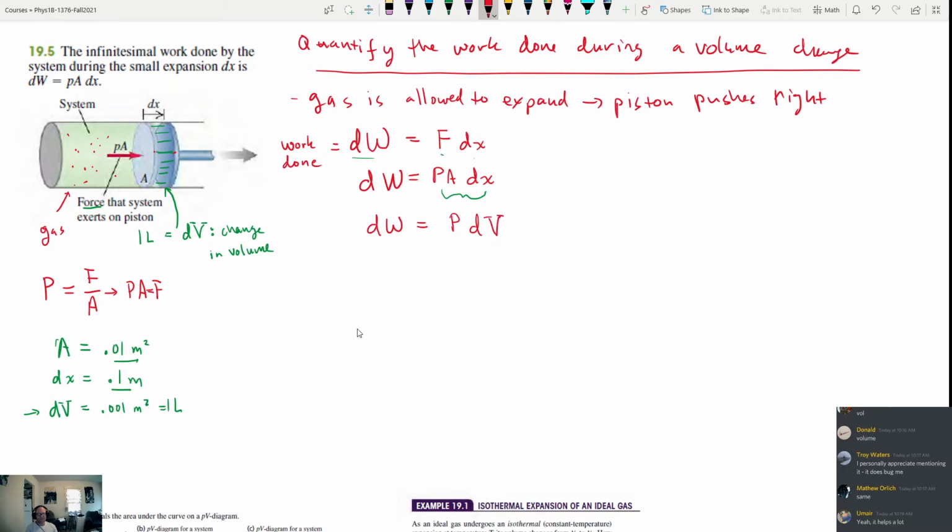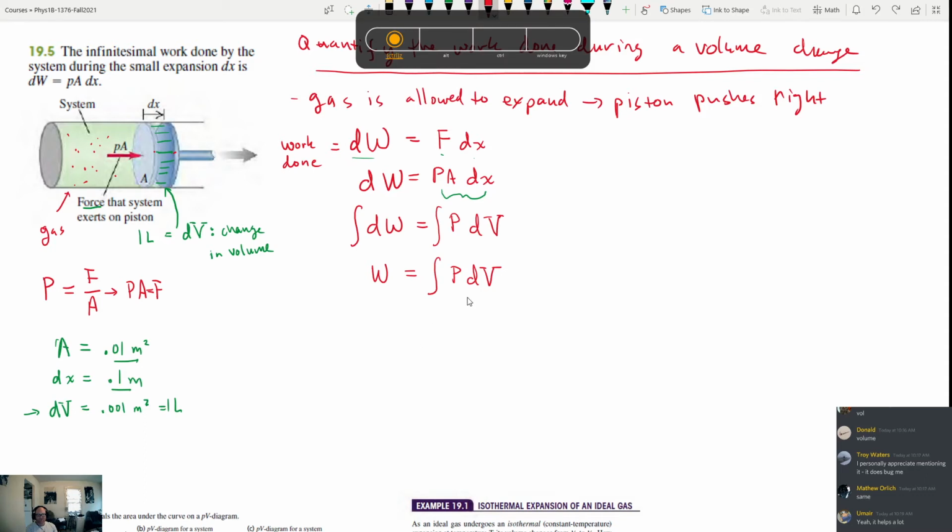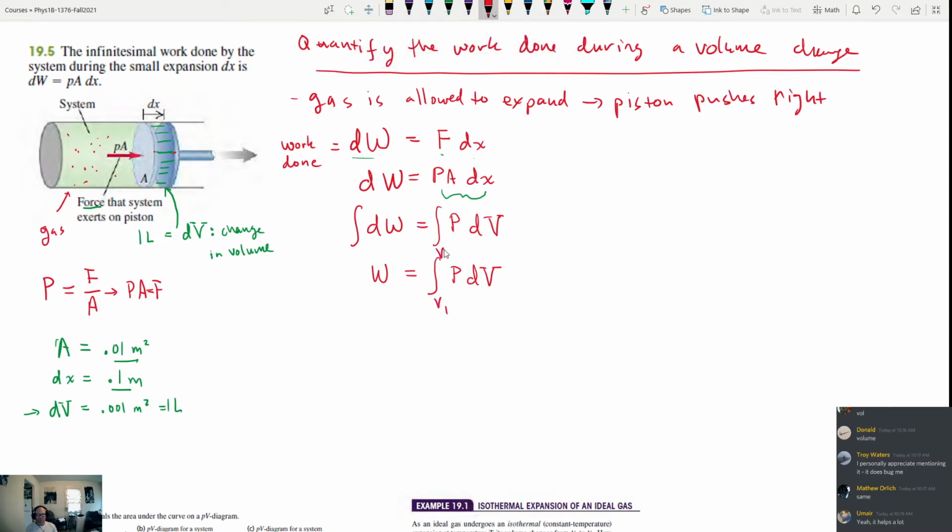And then, of course, the next step is to just integrate both sides. So we replaced A dx with dV, and now the left-hand side is just going to become the work done by the gas, and the right-hand side is going to be the integral of the pressure with respect to the volume, okay? We're integrating with respect to volume, right? From whatever the initial volume was to whatever the new volume is.